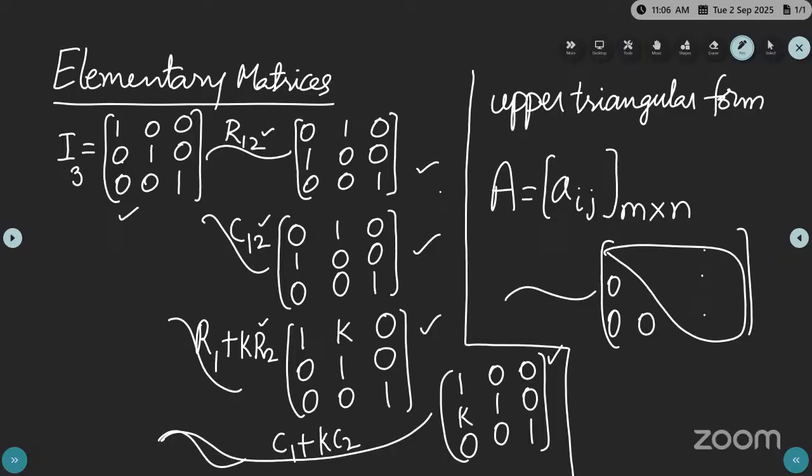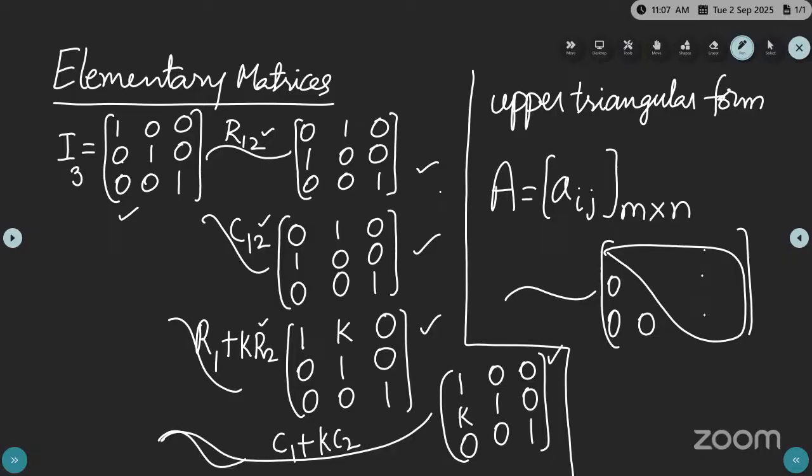Find the rank of the matrix. Write down this: 4, 2, 1, 3, first row.